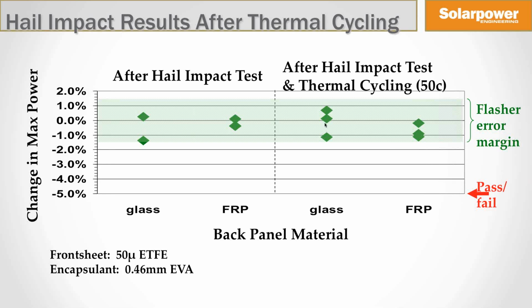We did similar tests with a fluoropolymer front sheet and fiber reinforced plastic, making it even lighter than the earlier construction. And even then, there is no change in the power after hail impact as well as thermal cycling.